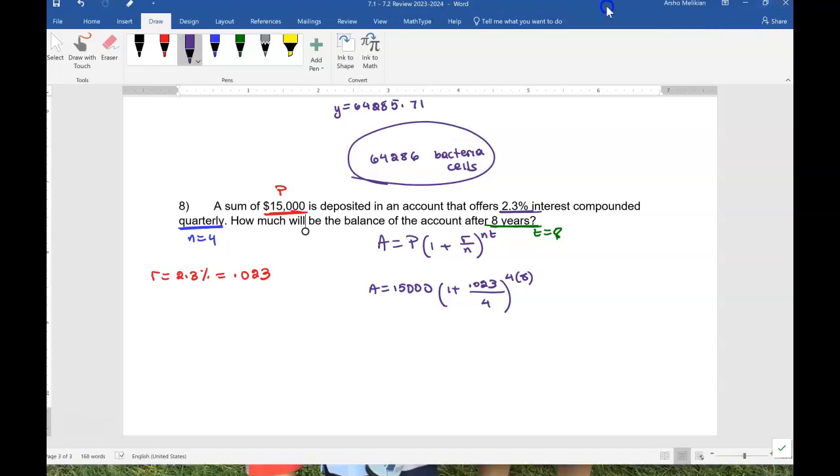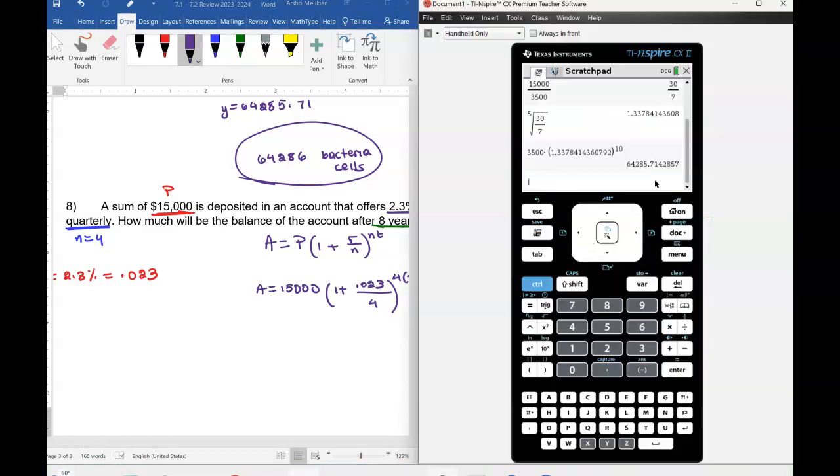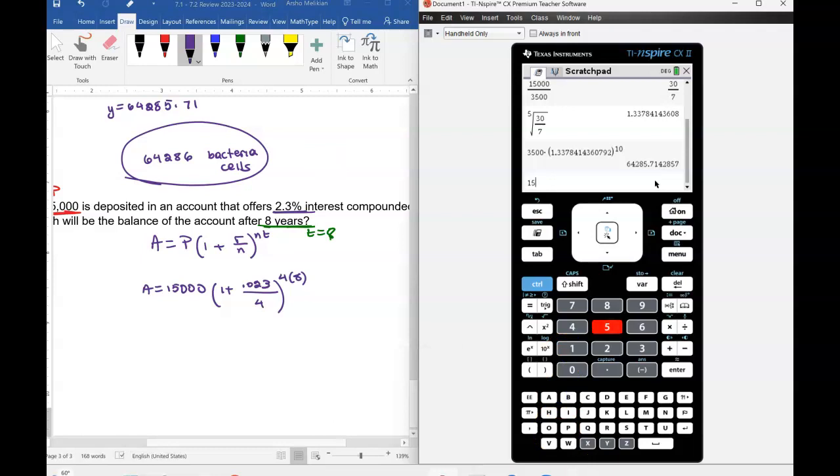When you plug this in, it's got to be all in one shot. So here, 15,000, 1 plus 0.023 over 4, to the power of 4 times 8.